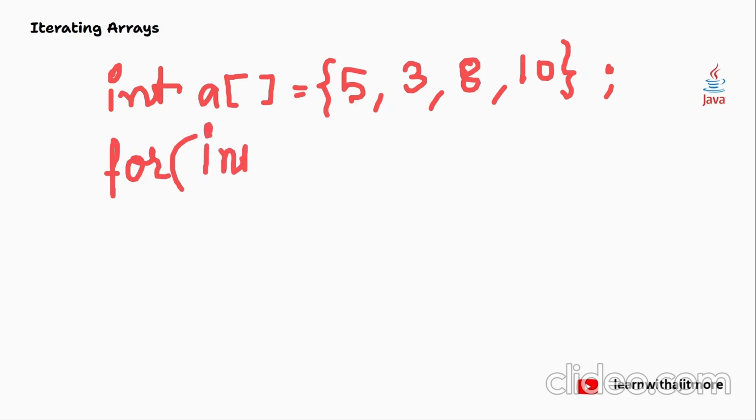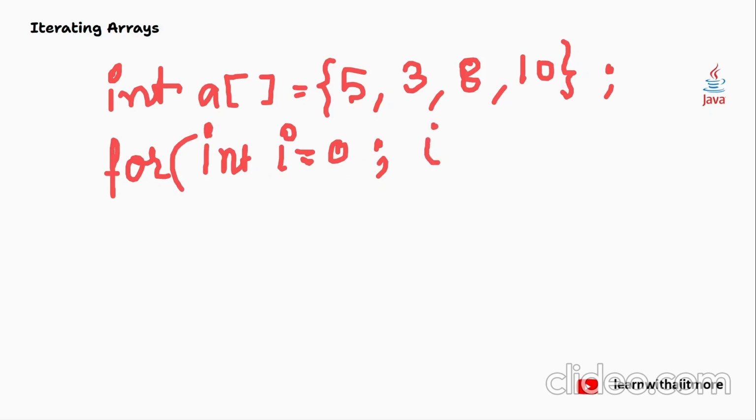The first part is the initialization. Here you will do the initialization of your counter, i equal to 0. This is the first part. I hope you know it. In the for loop life, this first part is executed first and once only. So we are creating a counter and initializing it to 0.